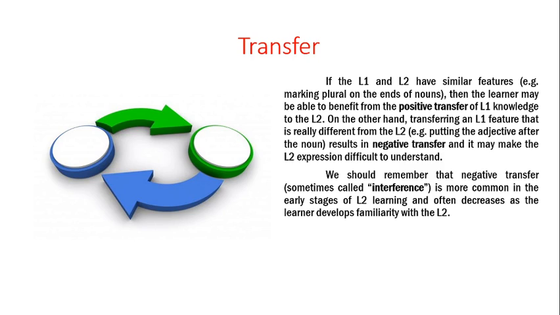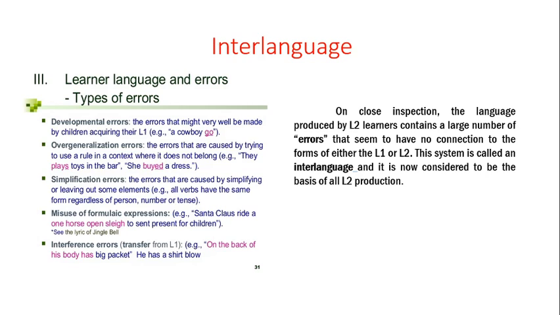We should remember that negative transfer, sometimes called interference, is more common in the early stages of L2 learning and often decreases as the learner develops familiarity with the L2.